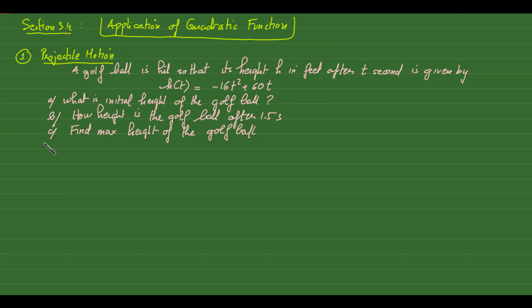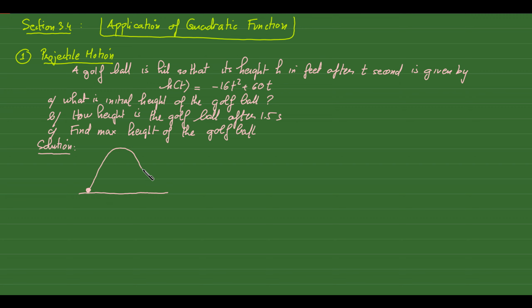Okay, solution. So let's see how we're going to answer this question here. First of all, this is a projectile motion. So just imagine this is the ground, and the golf ball is here. You're going to hit the golf ball, and the path will be a parabolic curve.